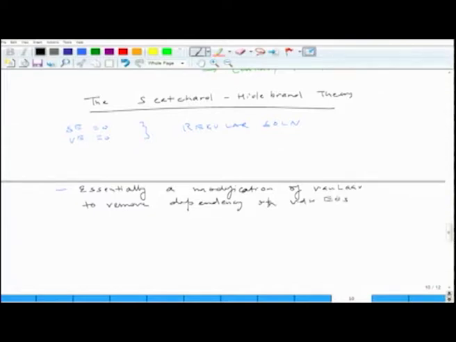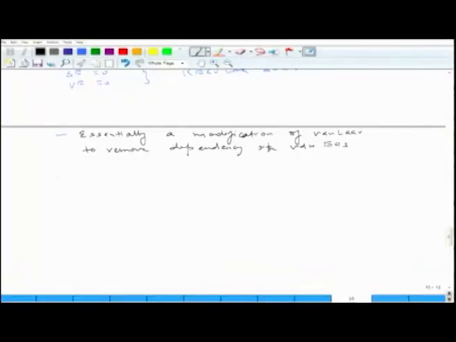In order to do that, Scatchard-Hildebrand defined cohesive energy density. So, they defined a term C, which is cohesive energy density. C is equal to delta U vapor by V^L.